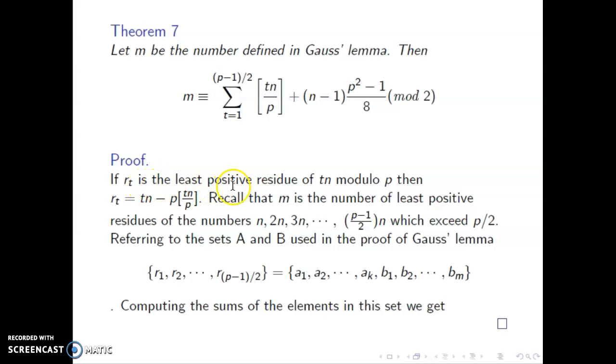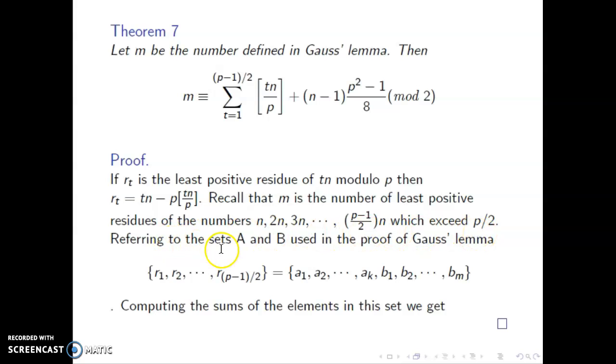Suppose r_t is the least positive residue of tn mod p. Then I know that r_t can be written as tn minus p times the floor of tn/p. Now we know that m is the number of least positive residues of n, 2n, 3n and so on up to (p-1)/2 multiples which exceed p/2.